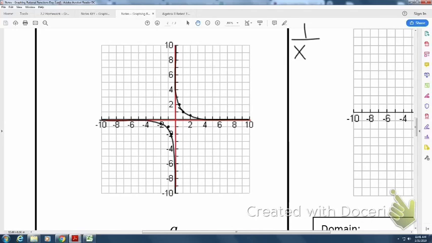Alright, so to fill in what you got down below, your domain goes from -infinity to 0, union, 0 to infinity. On your range, it's a very similar idea, except these zeros are representing the horizontal asymptote.